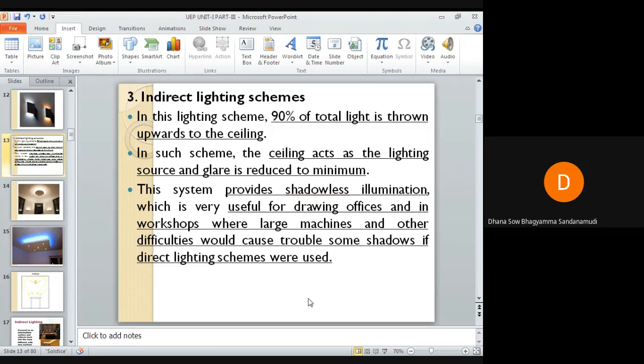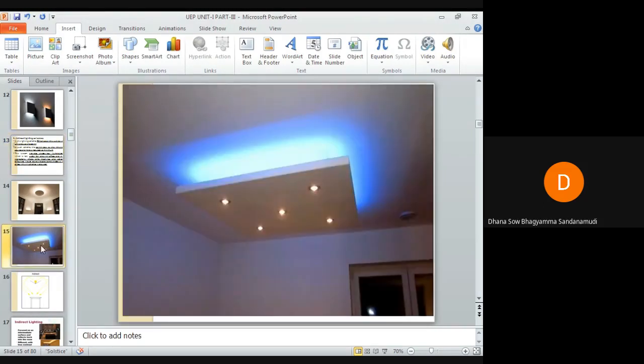In such places, when people don't want shadows, they will prefer the indirect lighting. So this is one more example of indirect lighting.